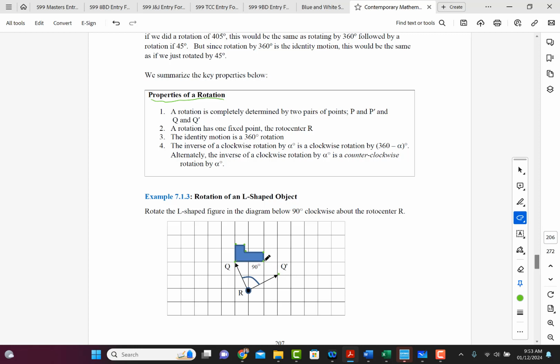What's happening? Effectively, every point is going down one and to the right three. So I'm going to move all the points 90 degrees as such. I'm going to estimate here because some of these are not on a grid nicely.